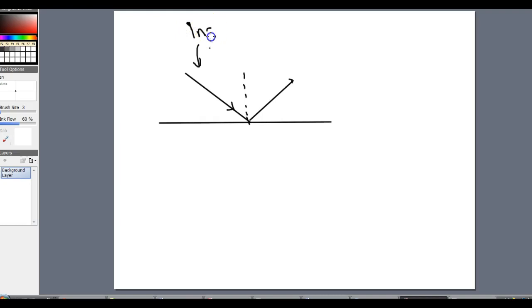Incident means incoming. So when you see incident angle or incident ray, that's the incoming ray. Reflected ray, you can see that here, because here's the interface. I'll get to that in a second. So this is the incident ray. Here's the reflected ray.